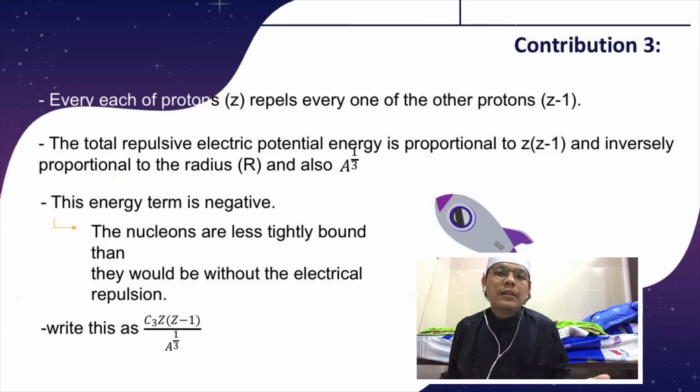So this energy term is negative because the nucleons are less tightly bound than they would be without the electrical repulsion. So we can write this correction as negative C3 Z(Z minus 1) over A to the power of 1 over 3, as in the formula that I have written.